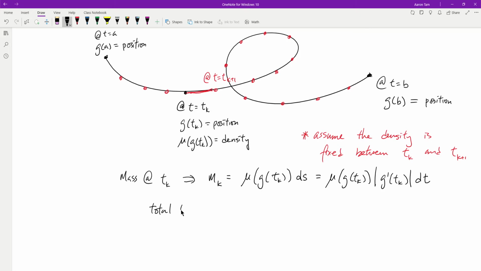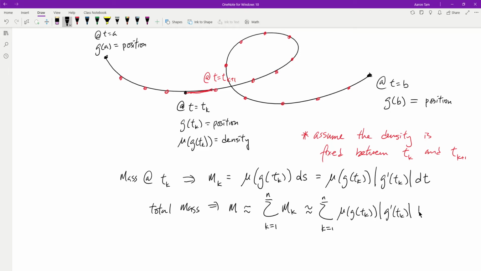So the total mass, which I'm going to call M, will be approximately equal to the summation k from 1 to n of m sub k, which is the summation k from 1 to n of the density at g of t sub k multiplied by the length of the velocity vector, which is the speed, at t sub k, multiplied by dt.